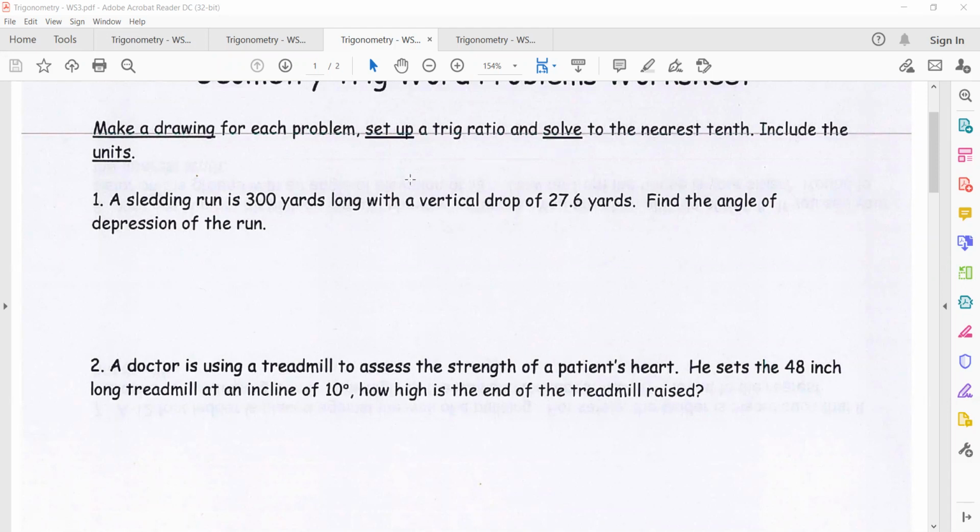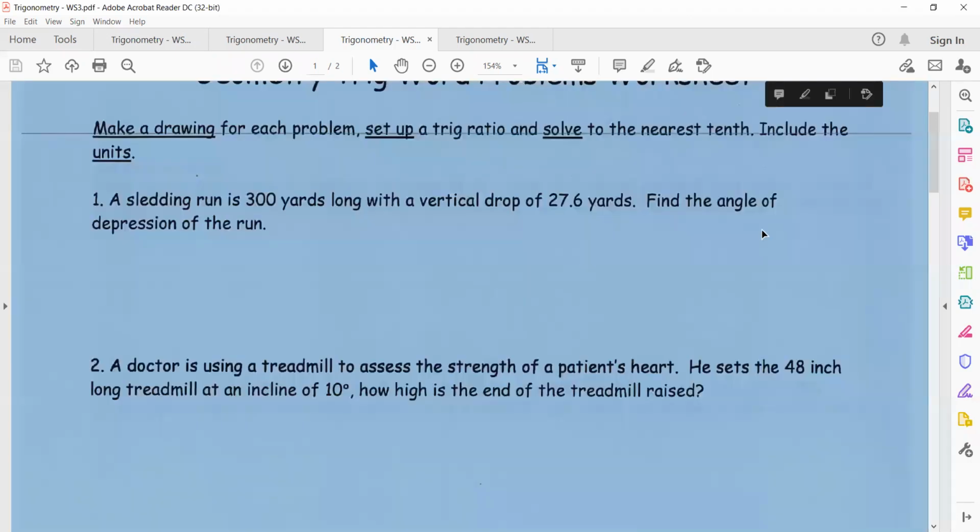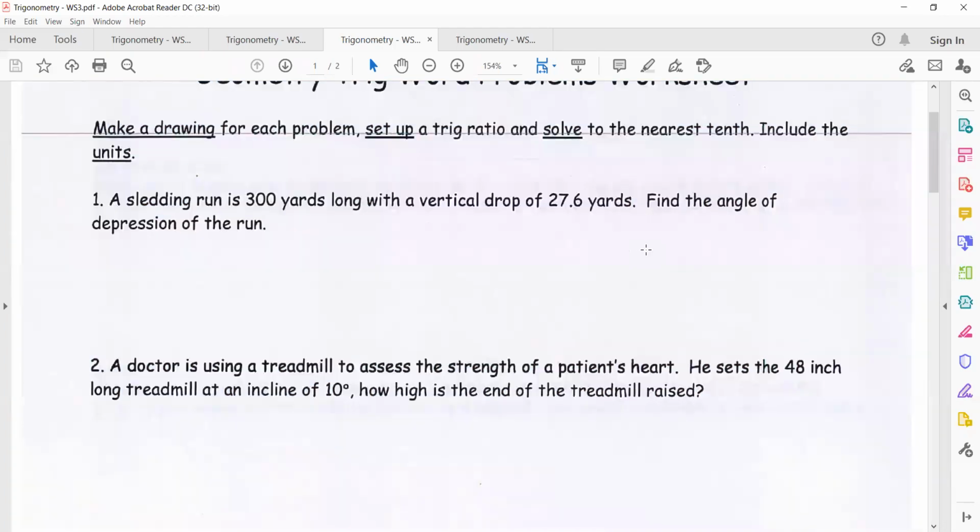Let me explain this one first, then I will go to number 2. A sledding run is 300 yards long with a vertical drop of 27.6 yards. Find the angle of depression of the run.